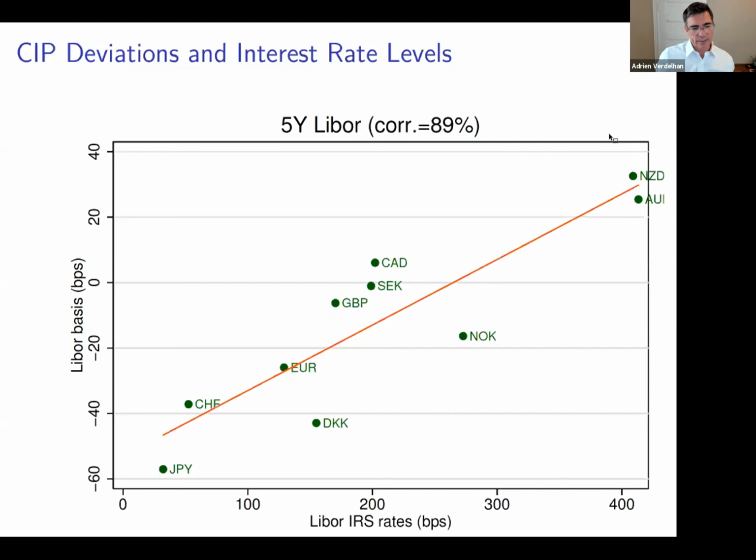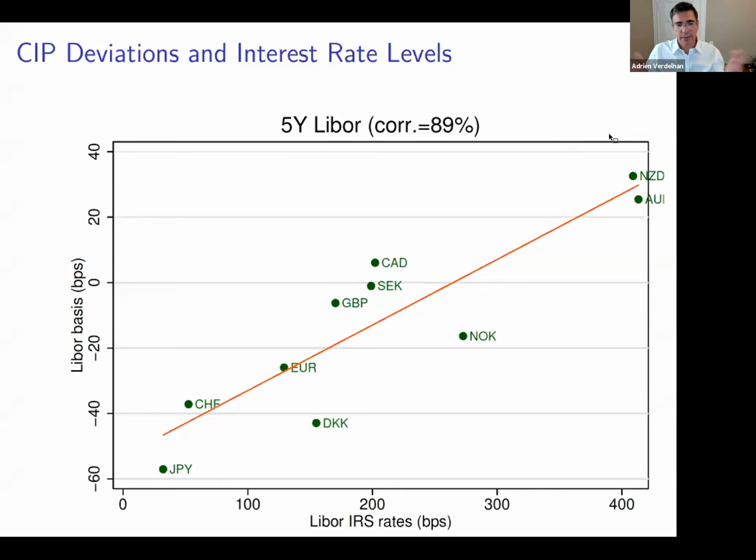And so here you can see why there could be a link between a portfolio investment decision from a low interest rate country investing in a high interest rate country and the cost of hedging, which shows up as a deviation from the CIP. This is just one way to think about the question that I was asked. This is a very good question. I don't have the full answer.